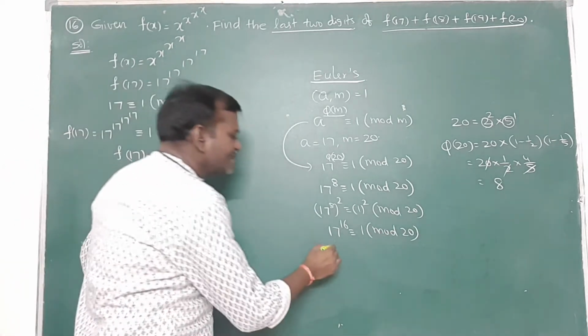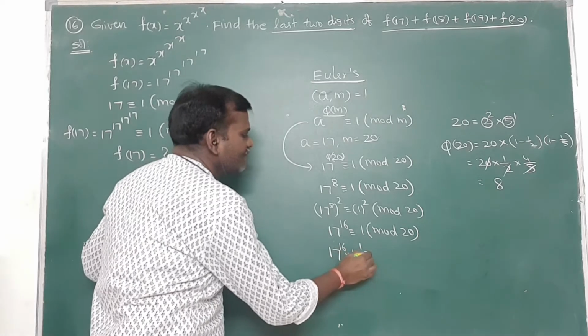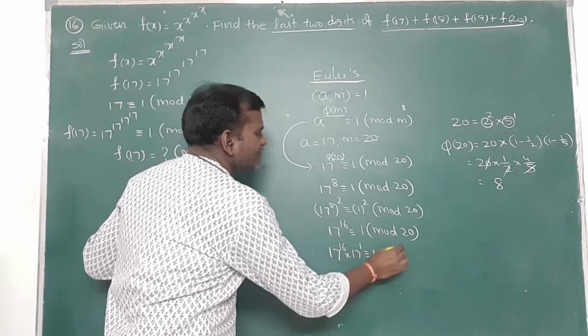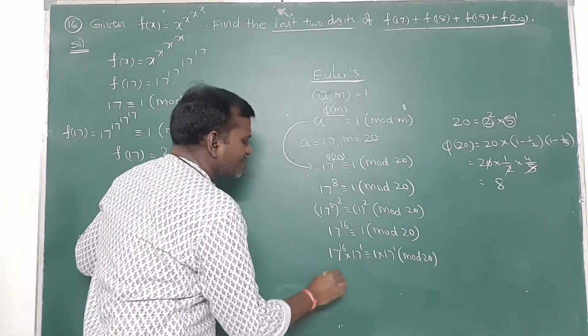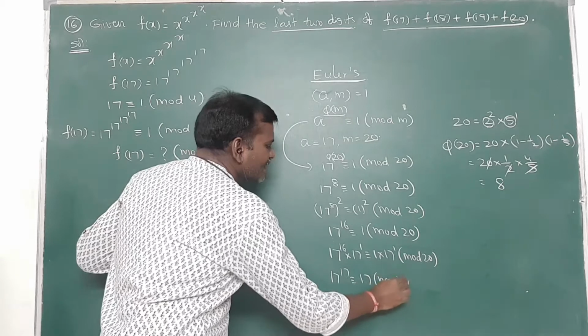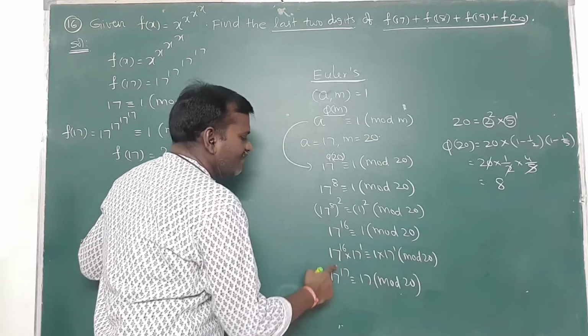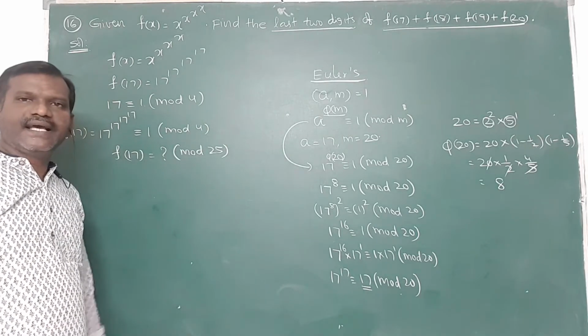So 17 power 17 is 17 power 16 into 17 power 1, and multiplying, I get 17 power 17 is congruent to 17 mod 20. That means 17 power 17 when divided by 20, the remainder is 17. That is the meaning of this.